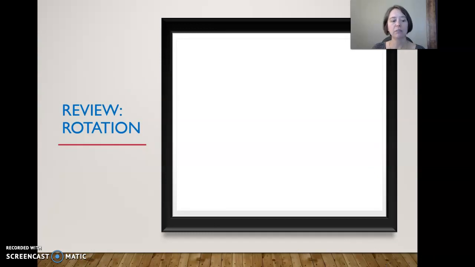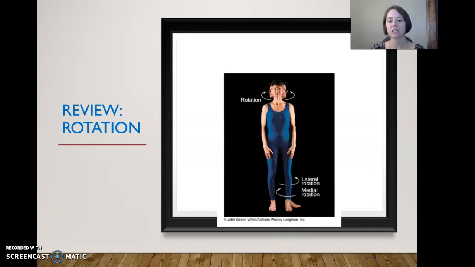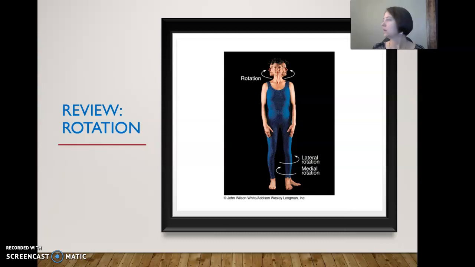Rotation is kind of spinning on its axis. You can rotate your neck because of C1 and C2, the atlas and axis bones. And then you can rotate your hip, with lateral to the outside and medial to the inside. And you can also rotate at the elbow joint too, which we actually call different things, pronation and supination, which we're going to get into.